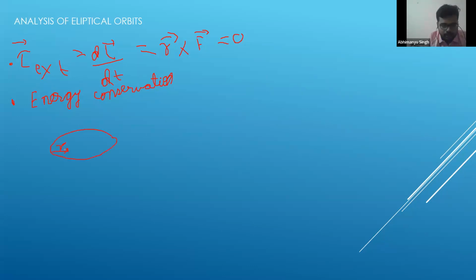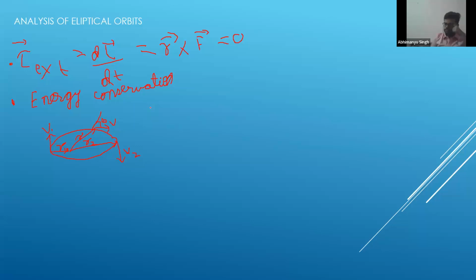This is R1, this is V1, this is R2, this is V2, and suppose this is some general arc, and here the velocity is like this, and the angle between the radial vector and the velocity vector is theta.